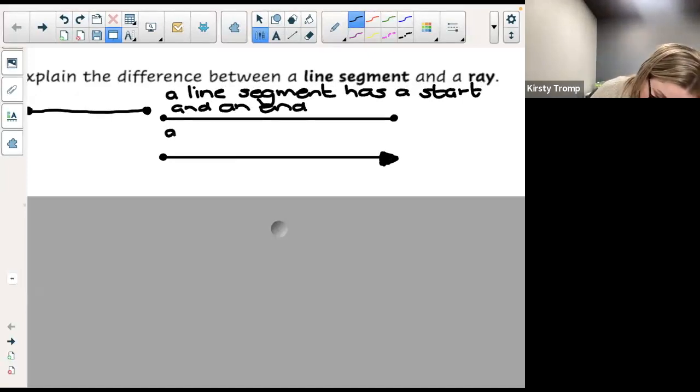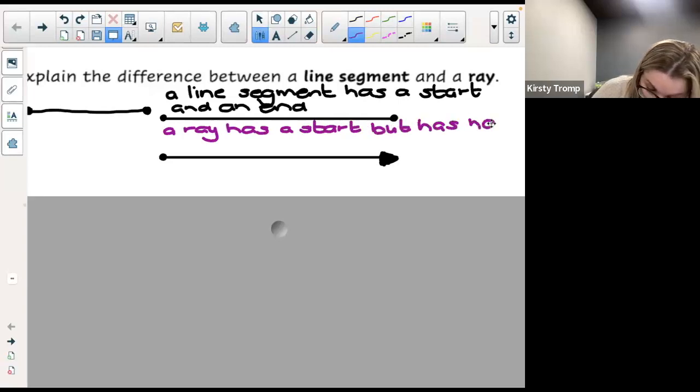A ray, let's do a ray in a different color maybe so you can see it nicely. All right, so you can see the difference. My favorite color there, purple. A ray has a start, but has no end.